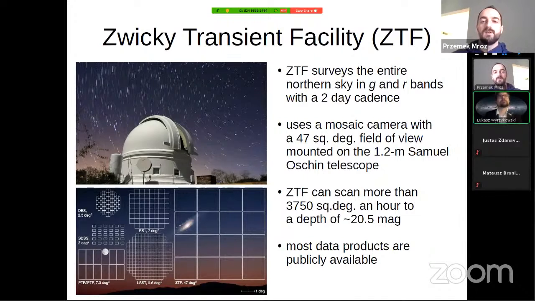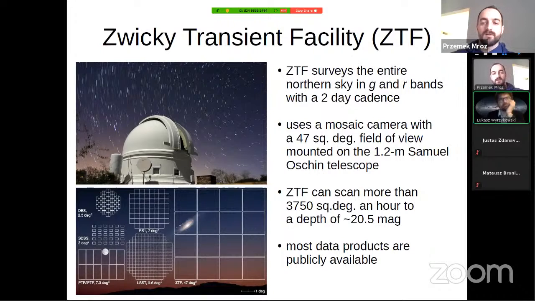And thanks to this enormous field of view of the camera that is an order of magnitude larger than that of other survey telescopes, we can scan the sky at a very high rate of up to 4,000 square degrees per hour, up to a depth of about 20.5 magnitudes.